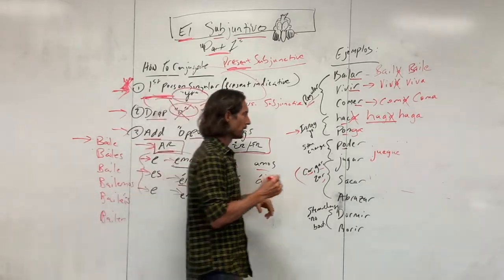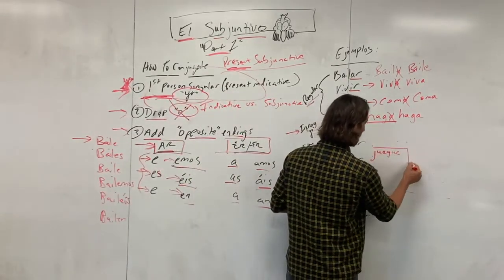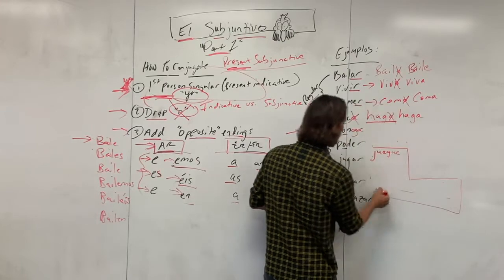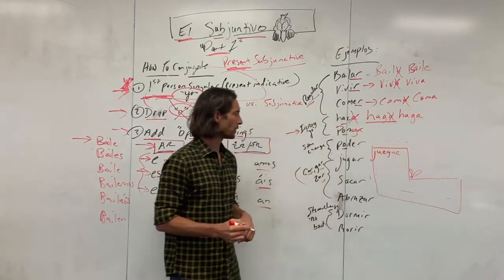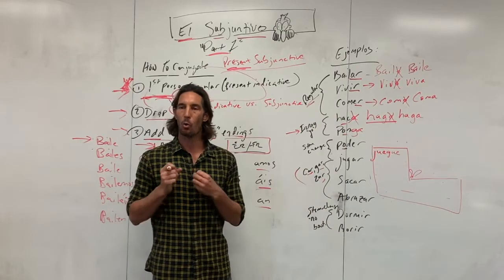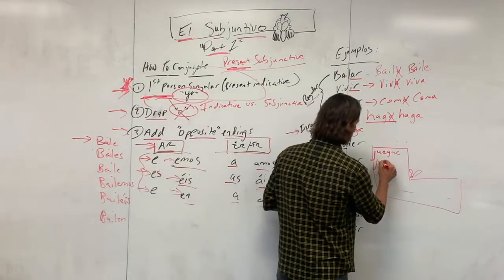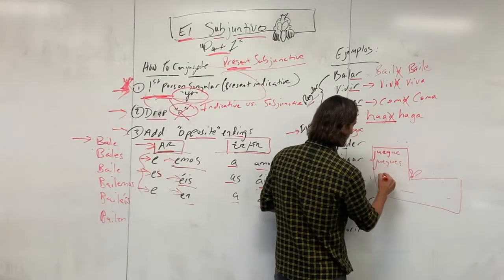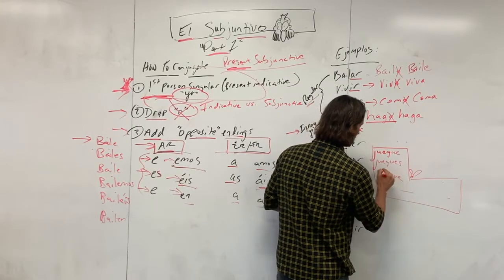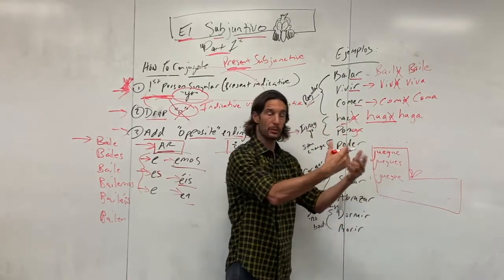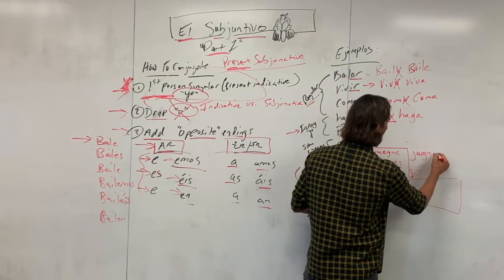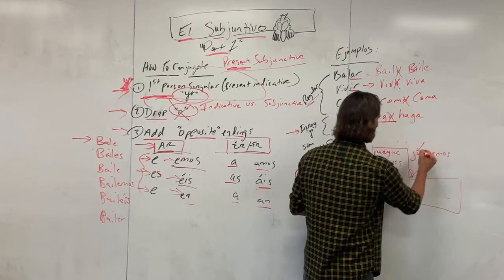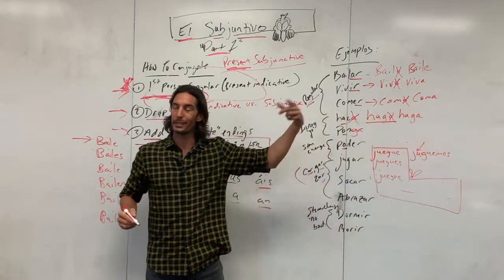And again, we have our fancy boot, we even put some shoestrings on it. So we have juegue, and then we have juegues, juegue. Then again, we're outside the boot, so we do juguemos. Look, the U doesn't stem change.